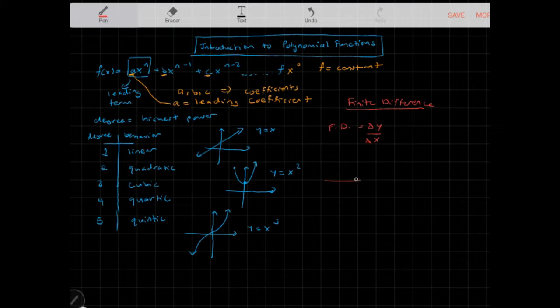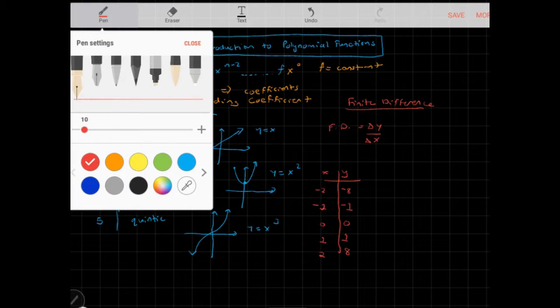Say we had a set of points or a table of values such as this, and let's consider that this is essentially a function. I'm just going to plot some values. Let's say that this is itself a function, and let's figure out the finite differences to show that this is in fact a polynomial function.